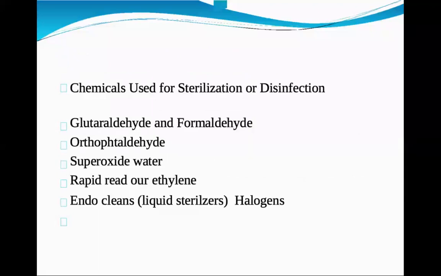These are the various chemicals applied for chemical sterilization: formaldehyde and glutaraldehydes, orthophthalaldehyde, superoxidized water, rapid-read ethylene, endoclines, liquid sterilizers, and halogens. These are used for chemical sterilization.